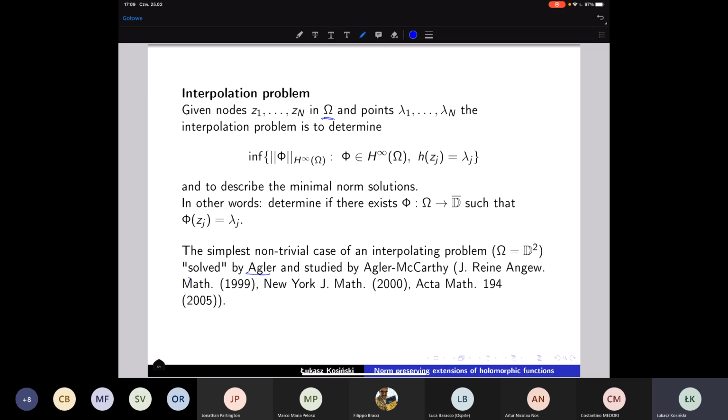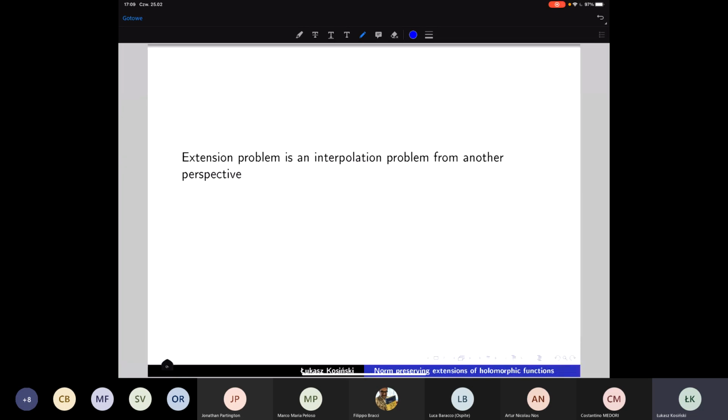So let me explain why I started with interpolation. This talk is devoted to the extension problem, and in fact, extension and interpolation are the same. In the interpolation problem, you have a set V, which is contained in a bigger set omega. Usually V is finite, or at least discrete, and we are looking for a function phi that interpolates here.